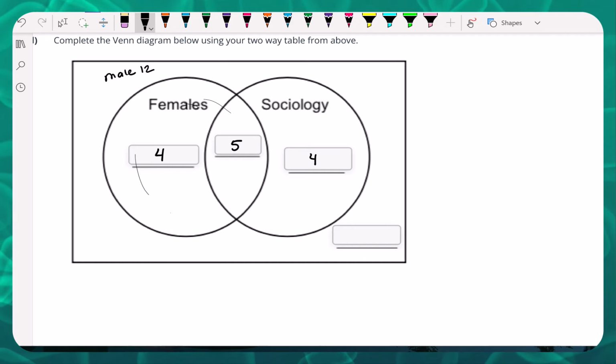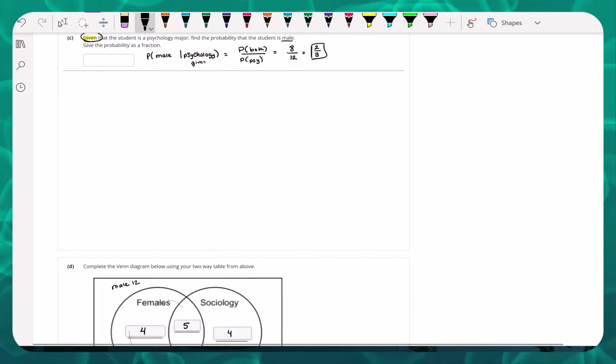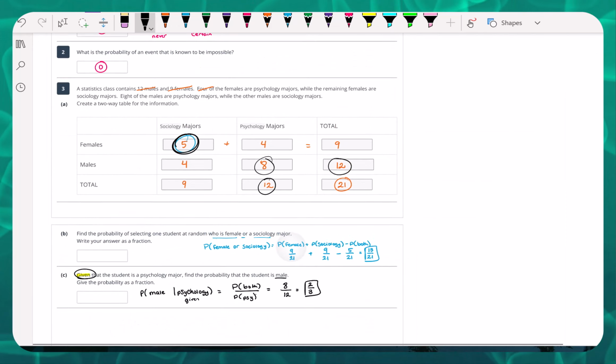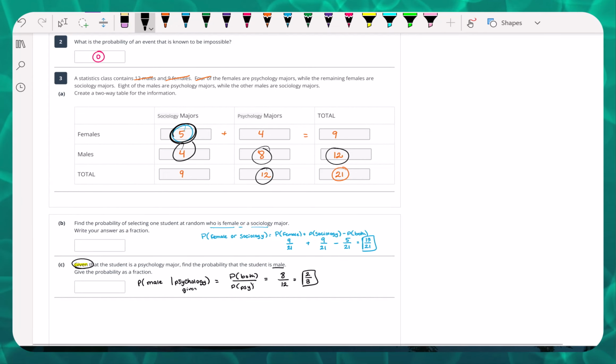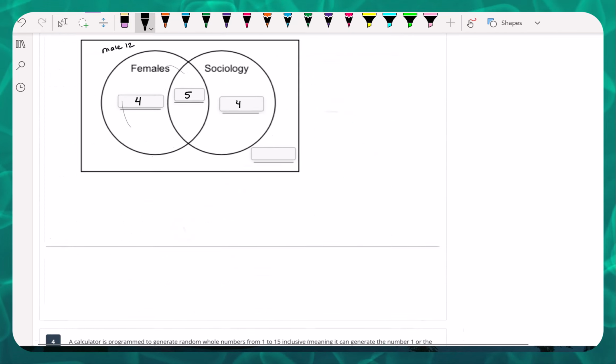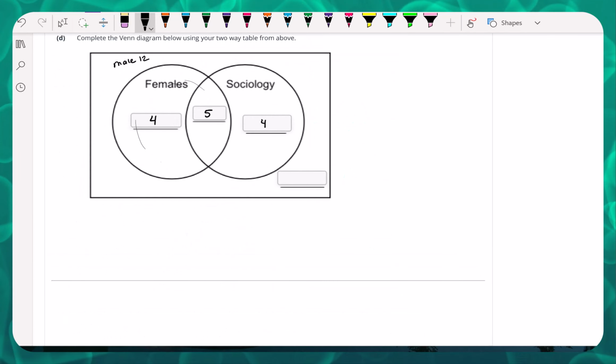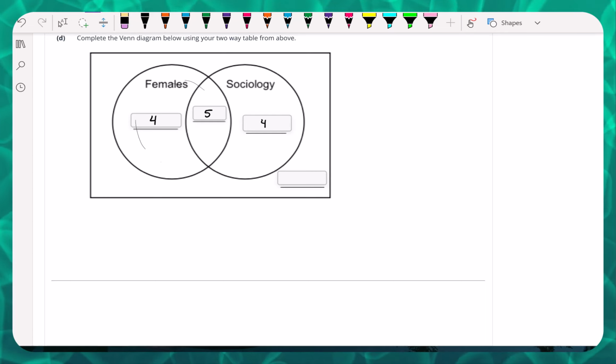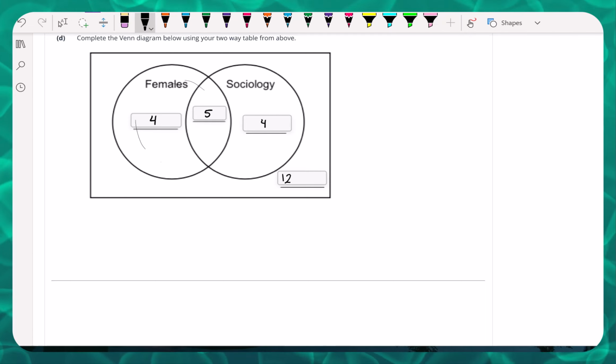How many males are in sociology though? I have 4 males that are in that sociology. So if I have 12 males here and I have 4 in this sociology circle, then that leaves me 12 minus 4, which gives me 8 left over in this Venn diagram.